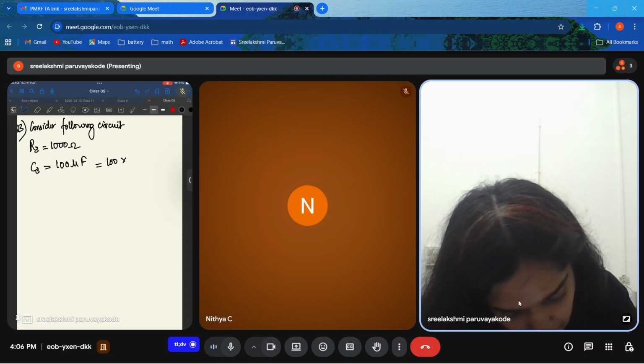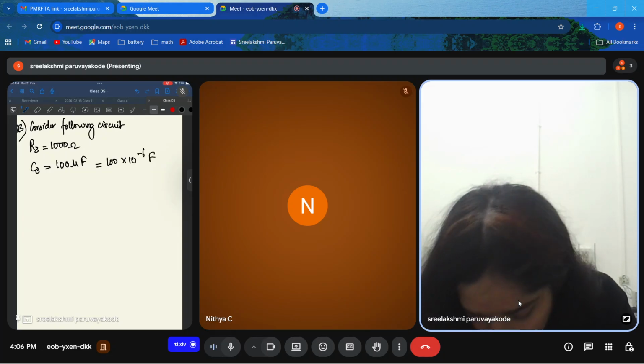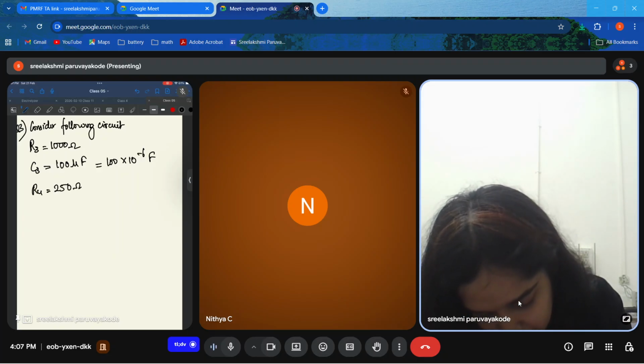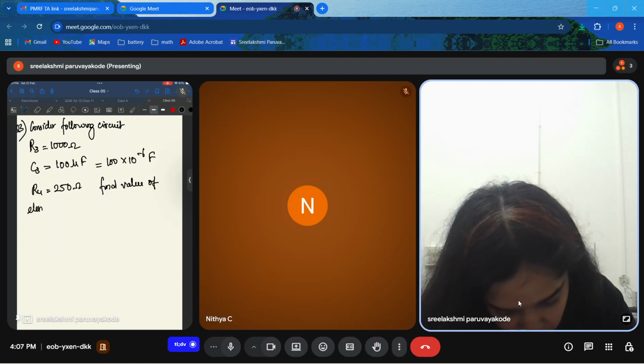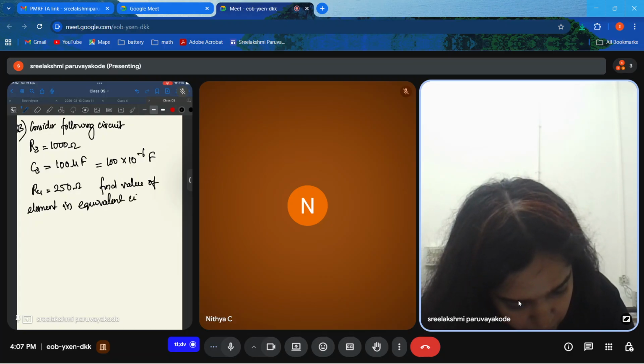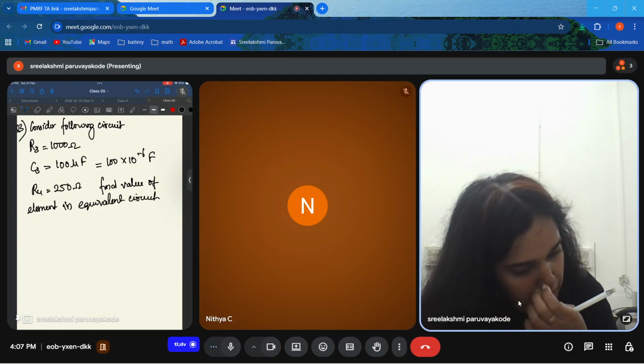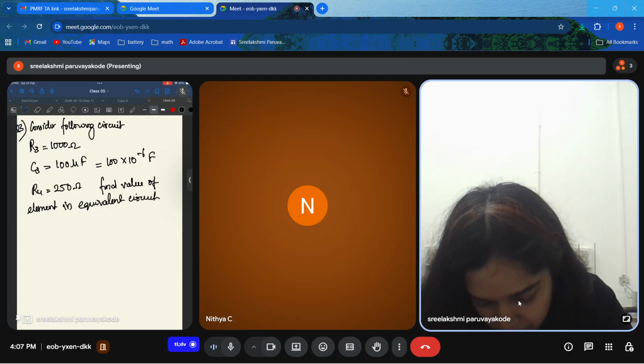Let me convert it, 100 times 10 to the power minus 6 farad. R4 equal to 250 ohm. You have to find the value of the elements in the equivalent circuit. Okay, this is the question.